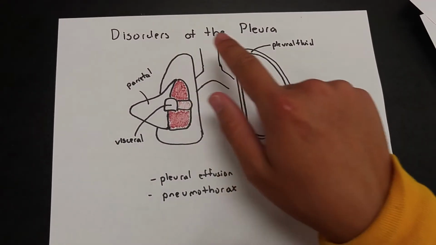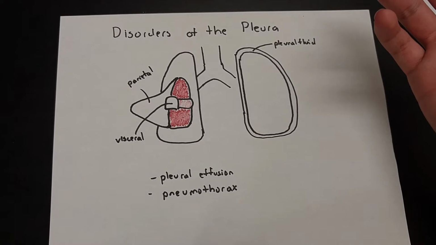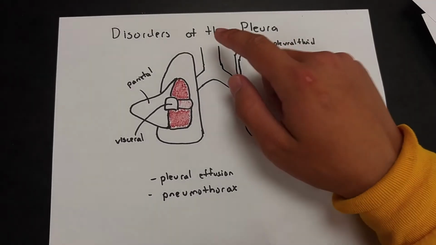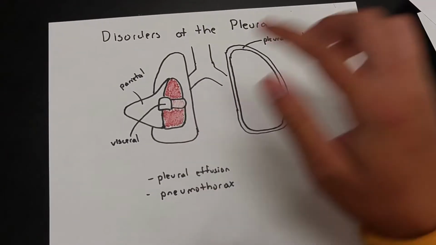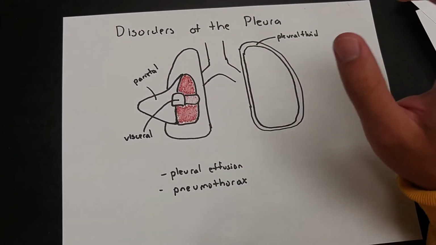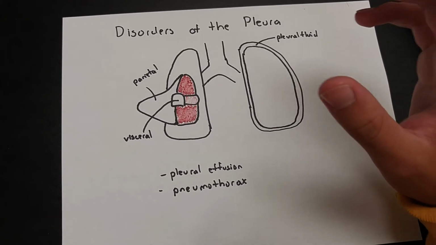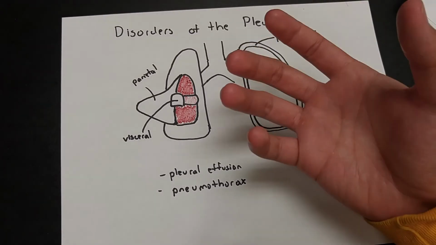One more: the disorders of the pleura. Right now you're probably like, bro, what's the pleura? Well, I'm about to explain it to you. Here's the trachea, bronchi, and two lungs. The pleura is an outer sac. Think about an orange. It has its orange peel, and then the orange inside.